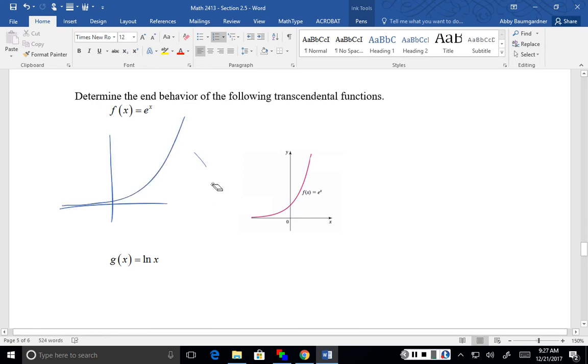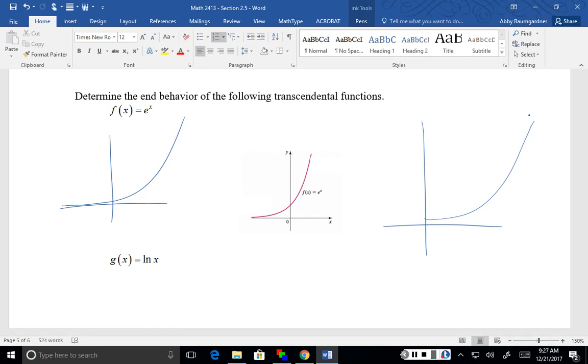If you've ever heard someone say, well, rabbits multiply exponentially, what they're saying is that you start off with just 2 rabbits, right? But they very quickly increase to a large number of rabbits. Again, they have this sort of banana shape.